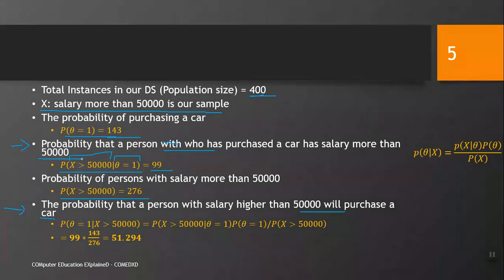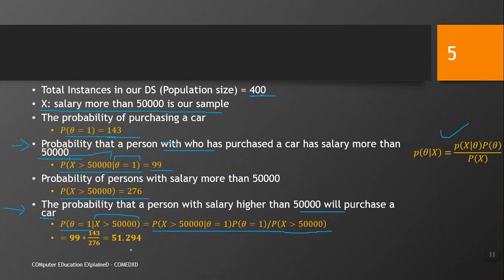So we are looking at the probability of finding people with salary above 50,000 among those who have purchased the car. But in the posterior it has been reversed: what is the probability that a person with this much salary would buy a car? And we write it like this, which is the Bayesian formula.